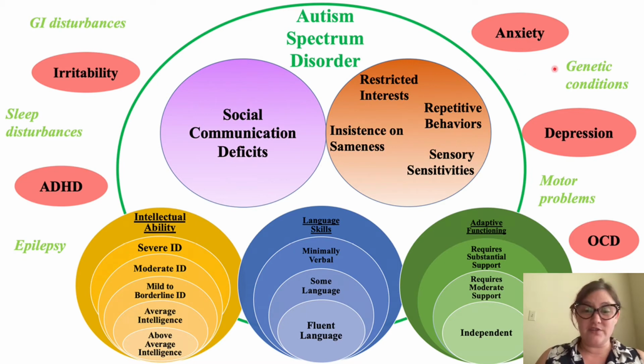Then genetic conditions. Like I mentioned before, one of the most common ones associated with autism is Fragile X. Another one that is related to autism is 22q1 duplication and deletion syndromes. Those are genetic conditions that also lead to some presentations of autism.